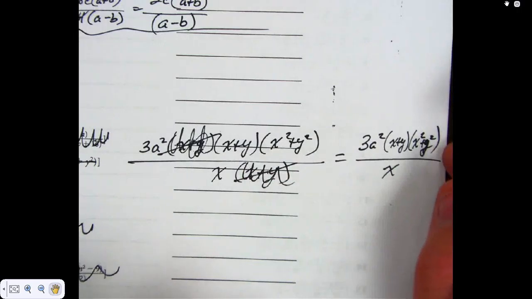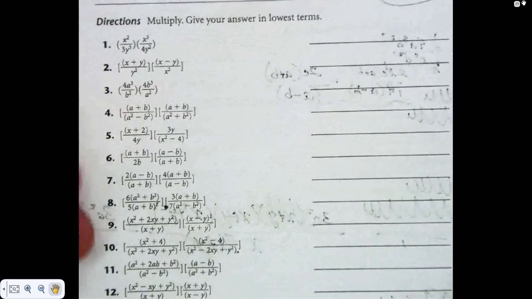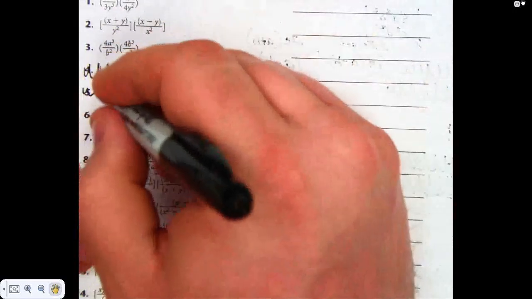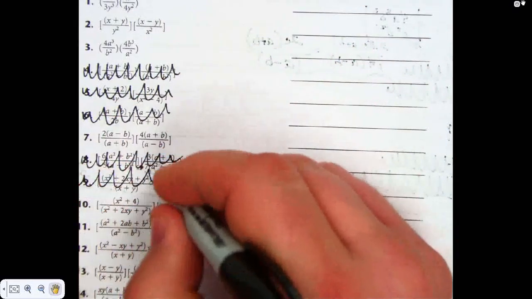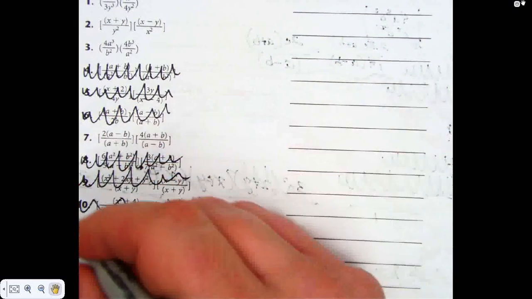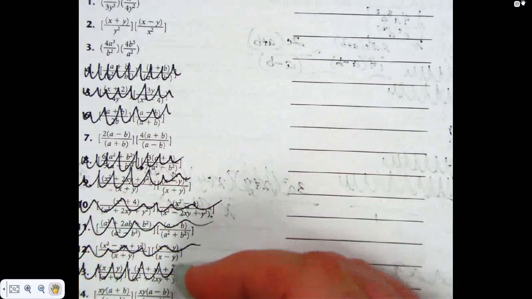Let's turn over to the other side that says workbook activity. Let's see, I want you to do number 1, 2, and 3, skip 4, skip 5, skip 6, keep 7, skip 8, skip 9, 10, 11, 12, and 13, and I would like you to do 14 and 15.